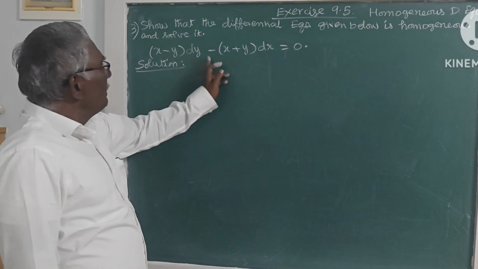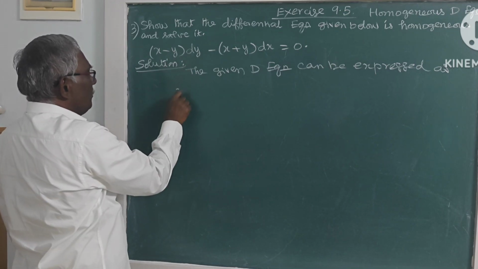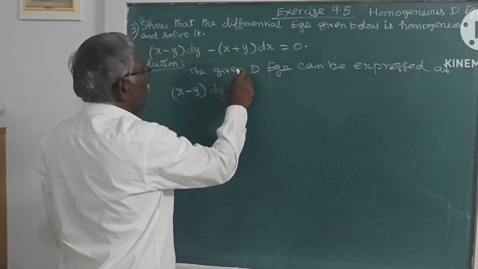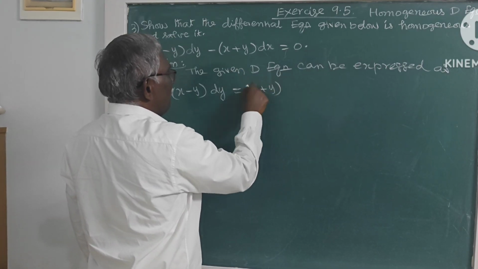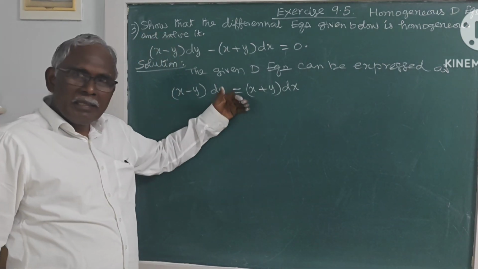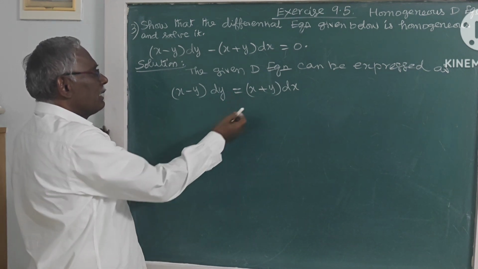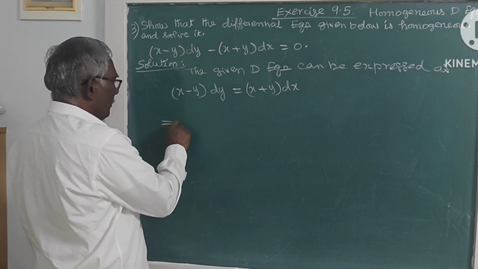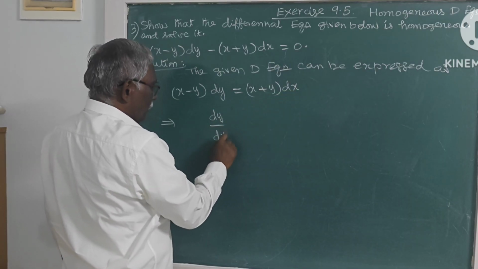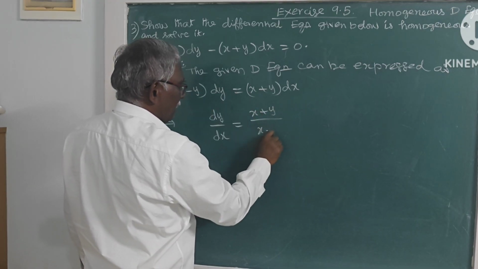The given differential equation can be expressed as x minus y times dy is equal to x plus y times dx. So we have to write this in the form of dy by dx is equal to something like that. So dy by dx is equal to x plus y by x minus y.